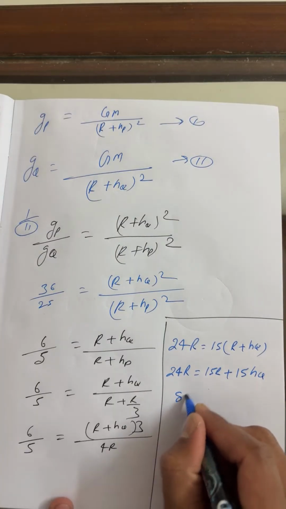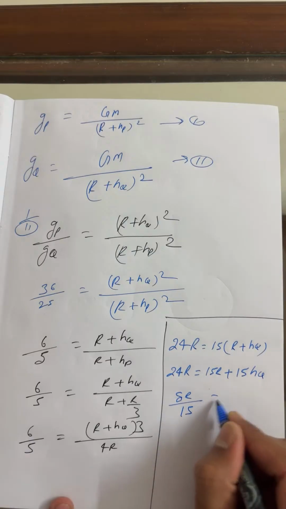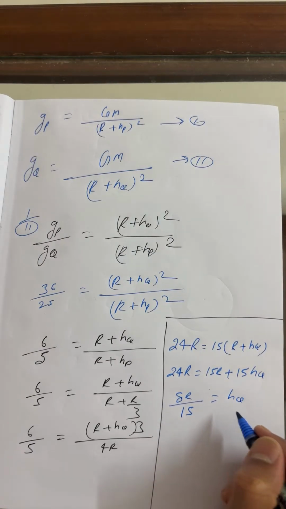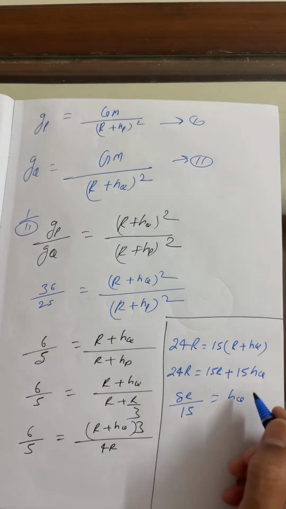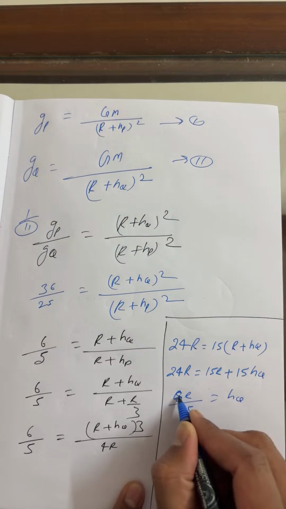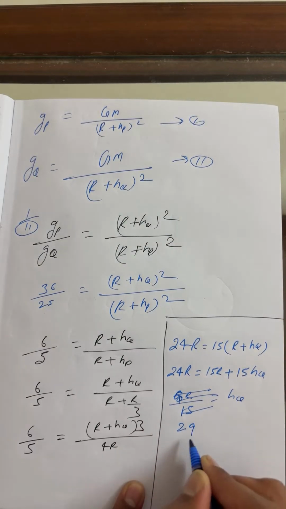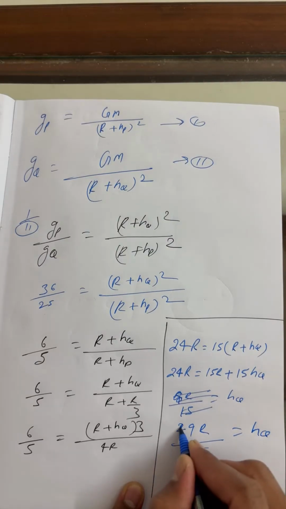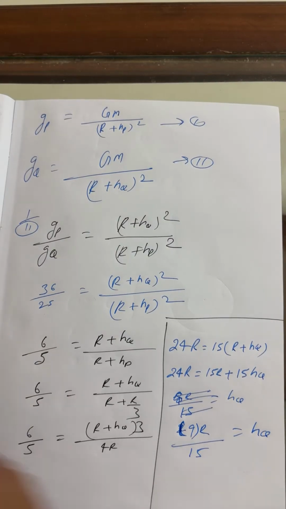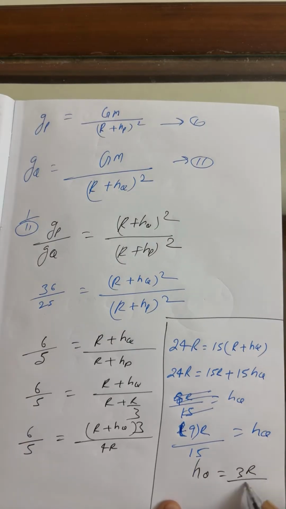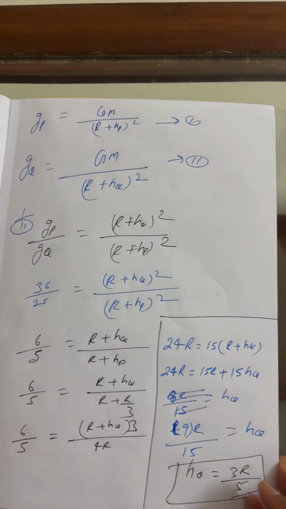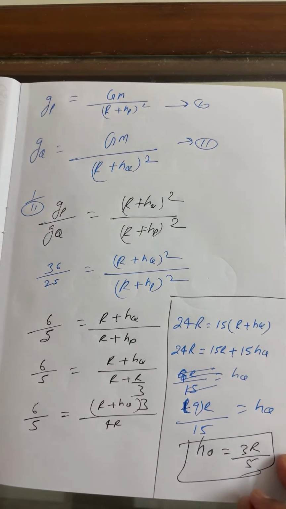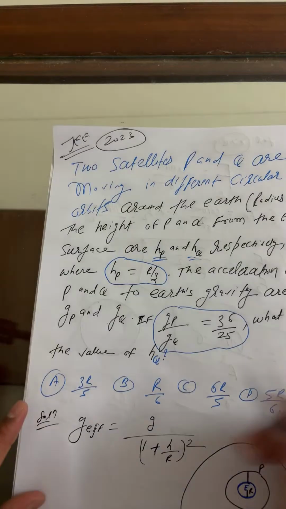This is 9R, not 8R. So 9R by 15 is equal to HQ. Cancel here, so we will get HQ is equal to 3R by 5.